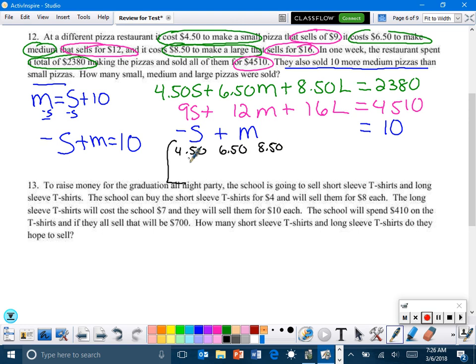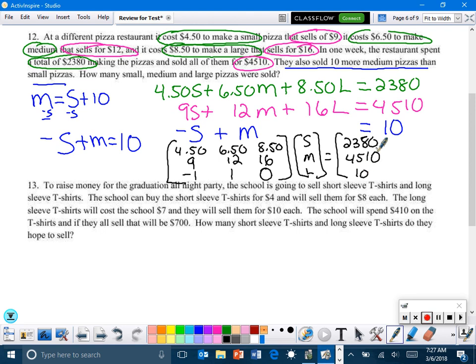The medium row is 9, 12, 16. And the last row, be careful, the last row is negative 1, 1, 0, because they didn't say anything about the large there. Small, medium, large. And then the last matrix is 2,380, 4,510, and 10.